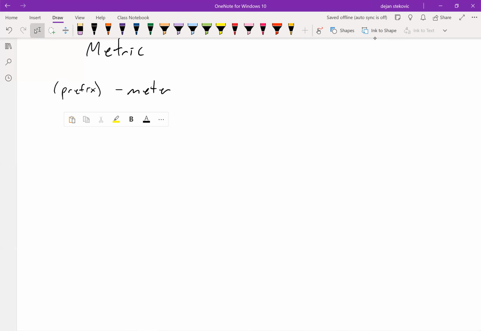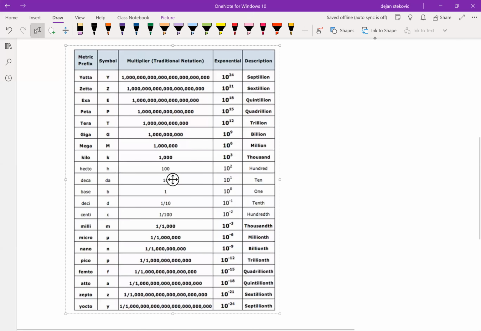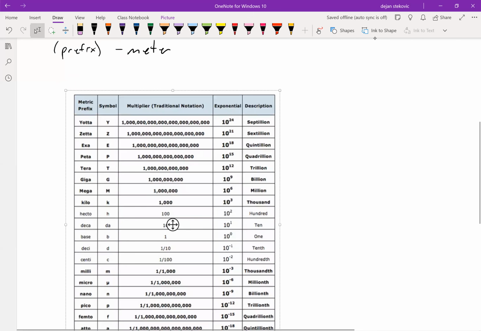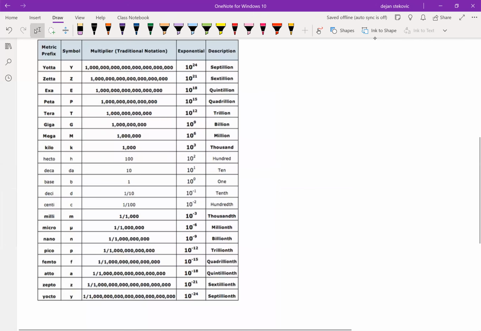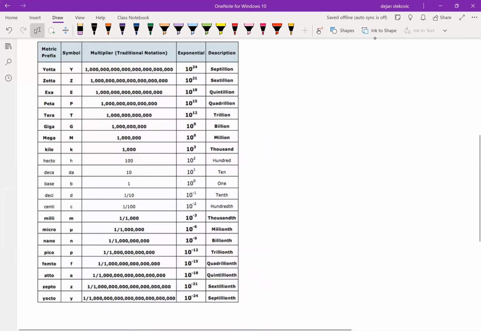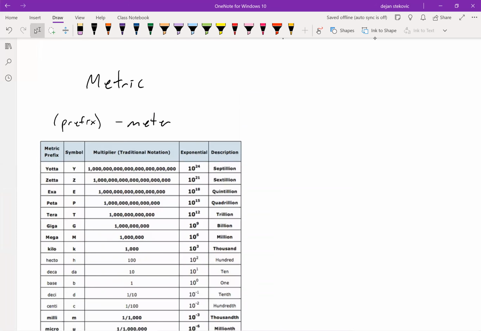The vast majority of them aren't used on a common basis, but they all basically mean something, right? The prefixes are always the same, and what you're talking about at the end changes. Whether you're talking about a length, you're talking about meters, whether you're talking about time, you're talking about seconds, whether you're talking about mass, you're talking about grams. And so there's all the prefixes, the symbols, how big they are, the exponential, and then the description.